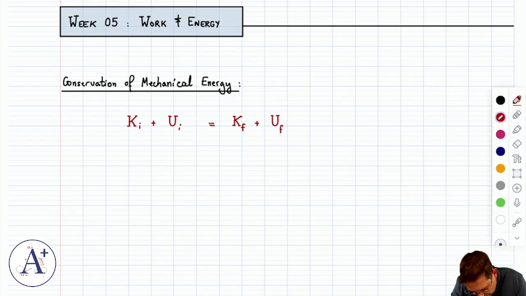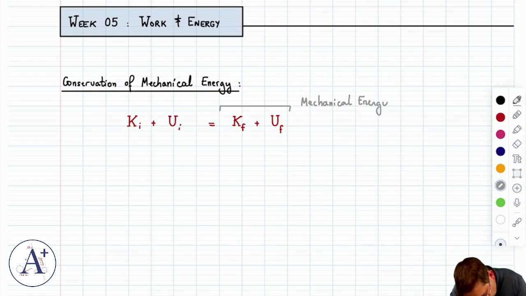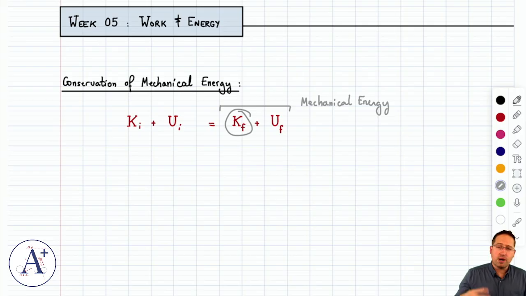Okay. But what it is basically, first of all, all of this is mechanical energy. So mechanical energy is a very specific quantity, which is the sum of all the kinetic energy in the problem, but also all the potential energy.